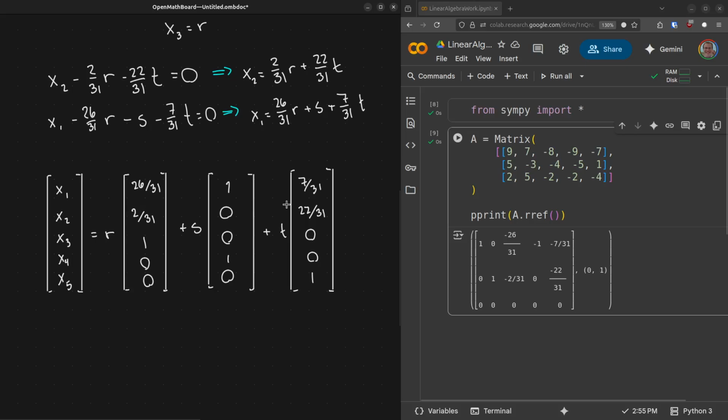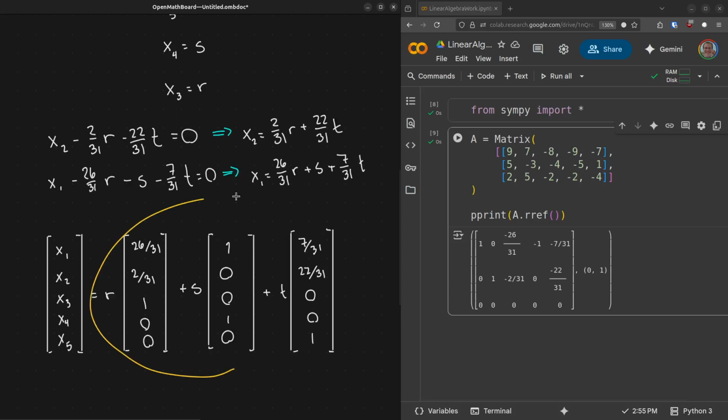Okay? So any vector that I could express in this way is a solution to the null space.